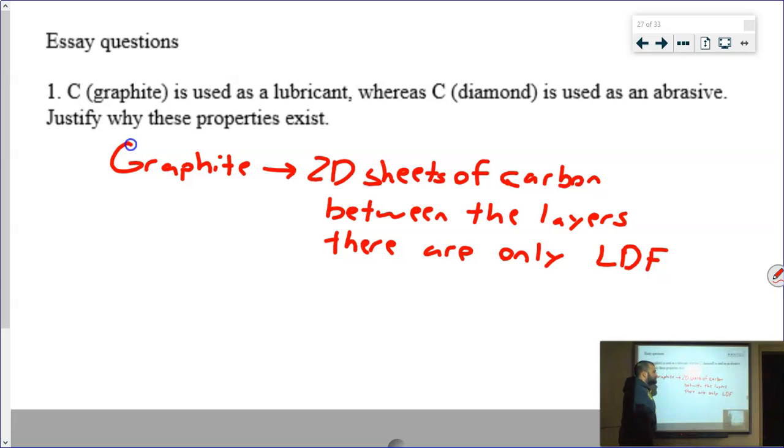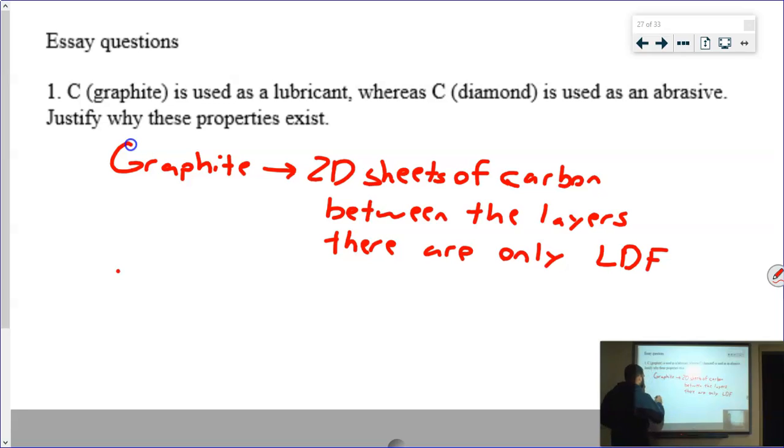That's it. And as a result, those layers can slide past each other really easily. It doesn't take a lot of energy to break the London dispersion forces. That's why graphite can be used as a mechanical lubricant. They just slide past each other very easily.